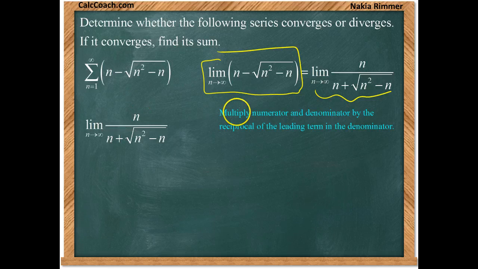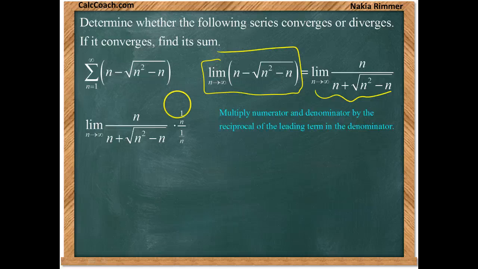We're going to multiply the numerator and denominator by the reciprocal of that term. The purpose of this is to force the denominator to go to a constant, and then see what happens with the numerator. So we're going to multiply by 1 over n, both numerator and denominator.